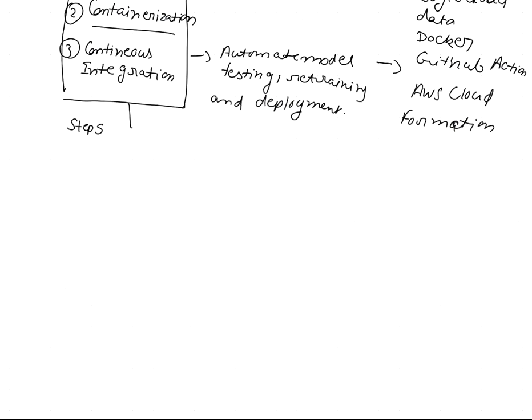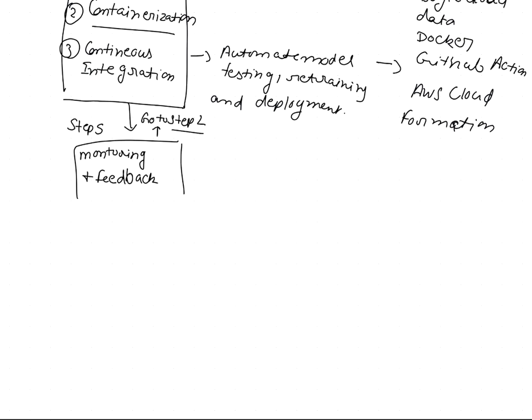So what is this? This is your monitoring and feedback loop. Feedback loop means that if something is not working correctly, then you need to go again to step 2. Okay. So every step will be repeated from step 2.